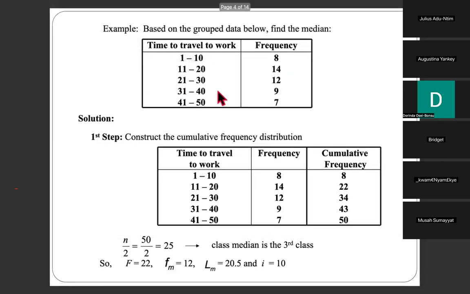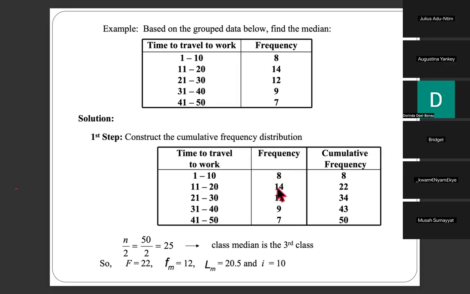So that is why I try doing it on this table so that you will see what I mean by these values. First, we have to find the middle value for this data. To find the middle value, we have to find what we call the cumulative frequency. This is the first frequency. Cumulative frequency is that you add your frequency downwards.